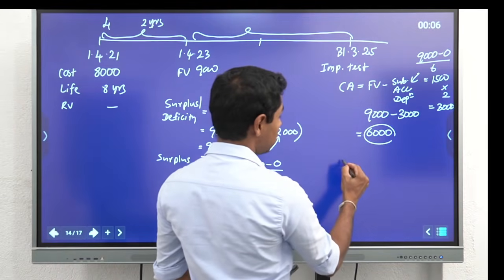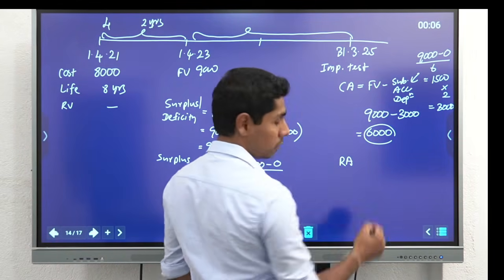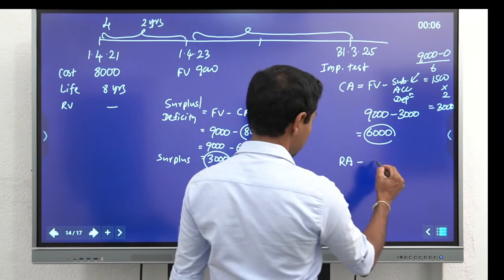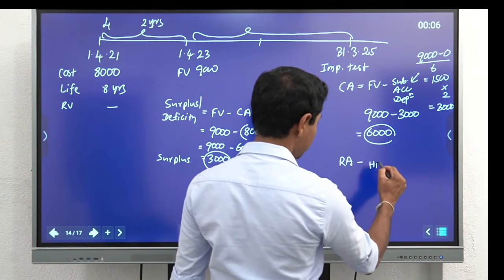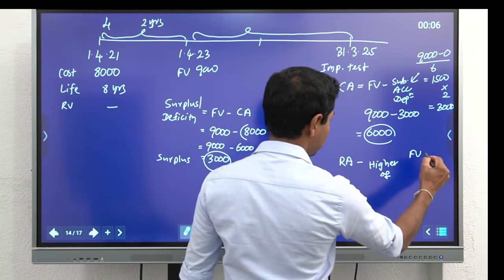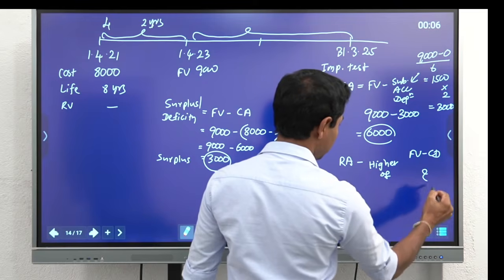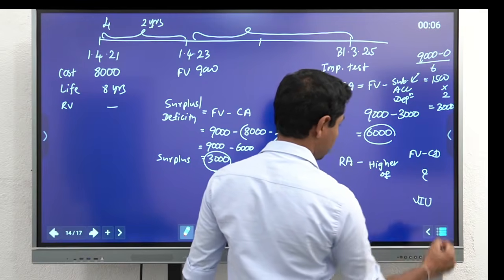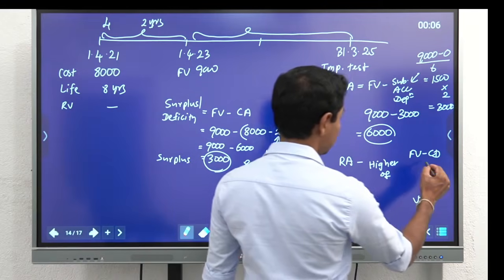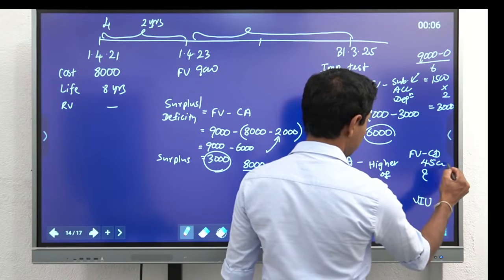So we have to compare this with the recoverable amount. So what is the recoverable amount? We have to find the higher of fair value less cost of disposal and value in use, right? Fair value less cost of disposal is 4.5, meaning 4,500.